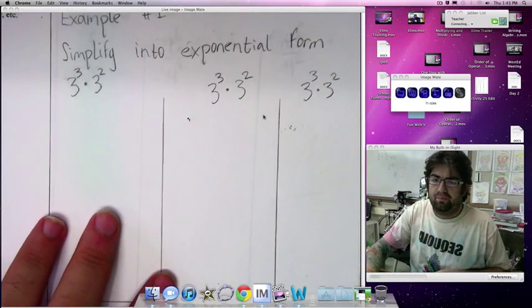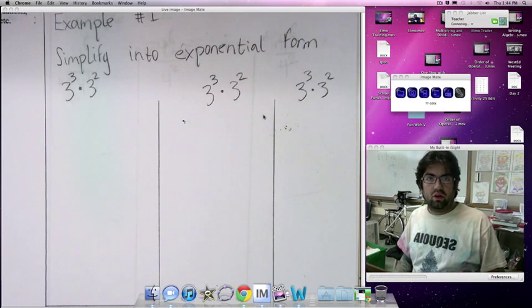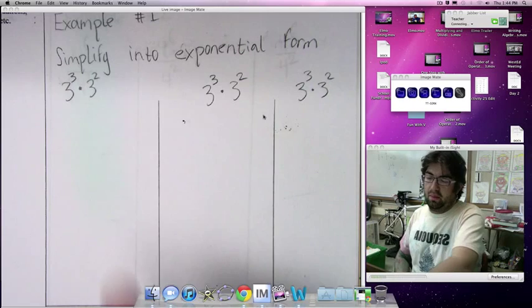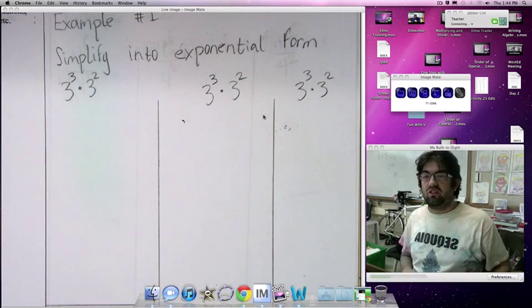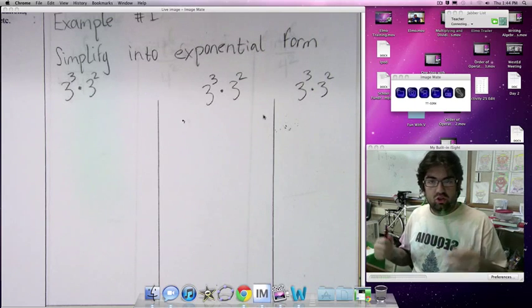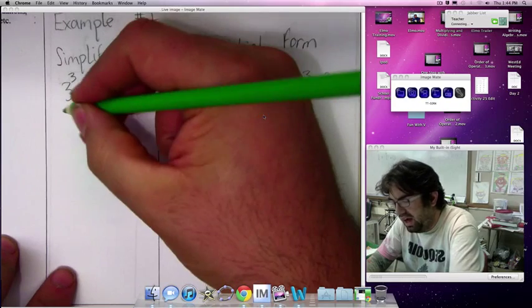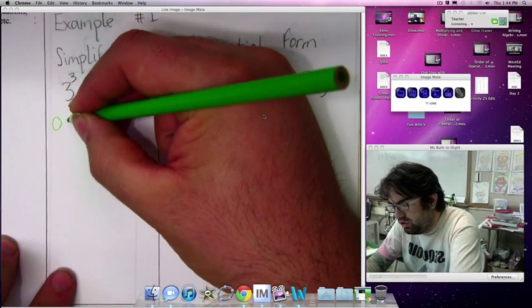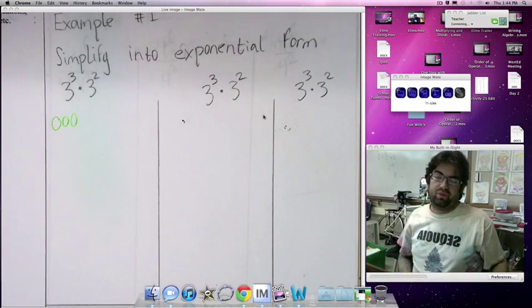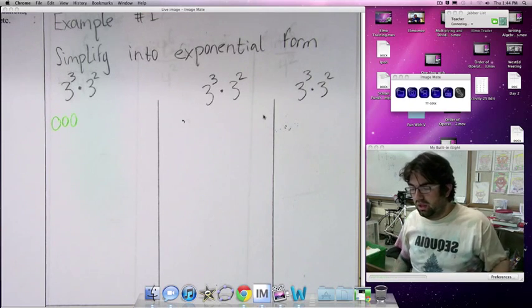So I have 3 to the third power times 3 squared. If you notice, the base is the same. The base is 3. So I'm going to do this a little intuitively. I have 1, 2, 3. I have 3 3s. Normally we'd multiply 3 3s, right?